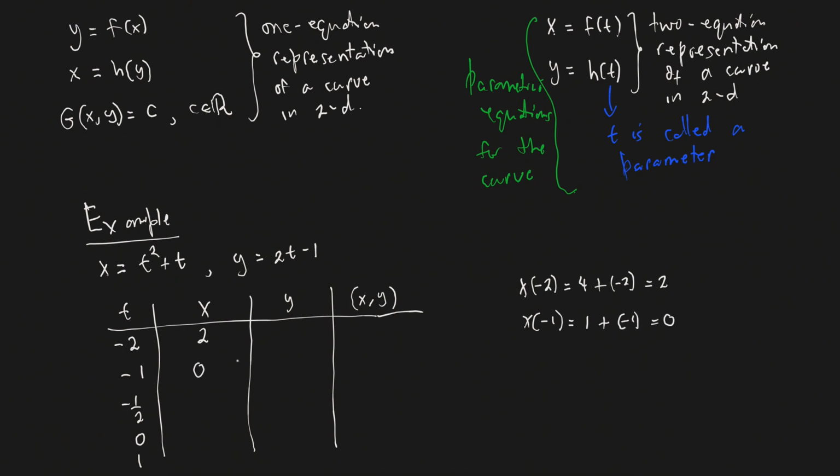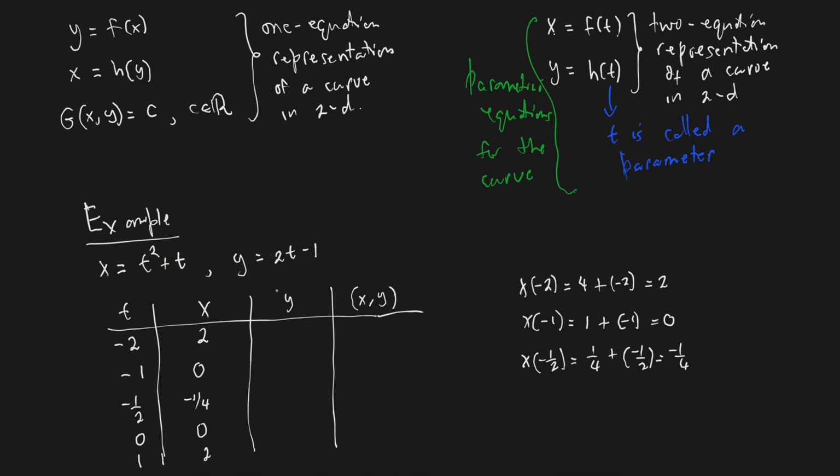If I plug -1/2 in, -1/2 squared is 1/4, and then plus -1/2 gives me -1/4. When I plug 0 in, I'll get 0. And similarly, when I plug 1 in, I'll get 2. There we go. So right away, we have the 5 x values that correspond to these 5 t values.